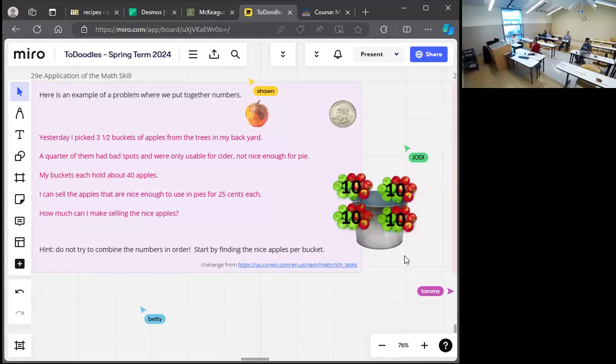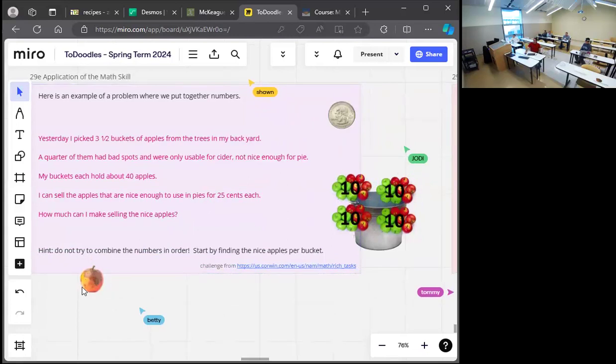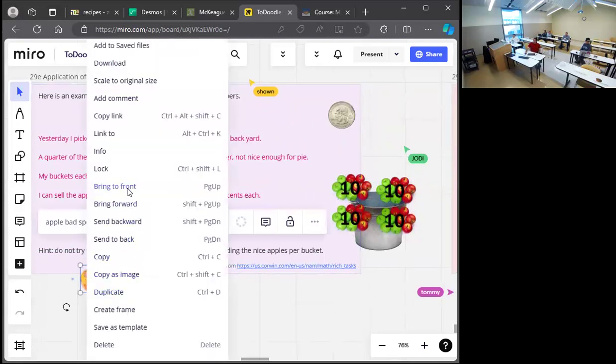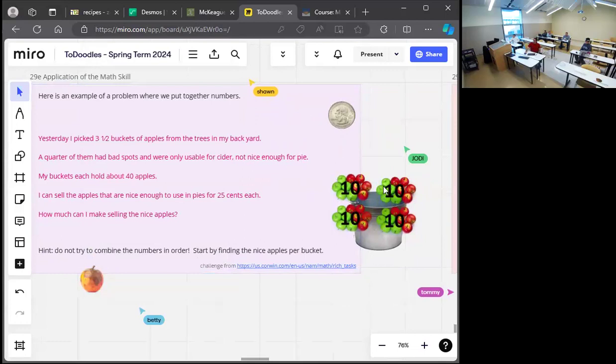You're on the right track. Show me on the screen. So here's a bad spot apple. I want to cover up some of these to signify that they're bad spot apples. So how many of the 40 apples should I cover up with this bad one?